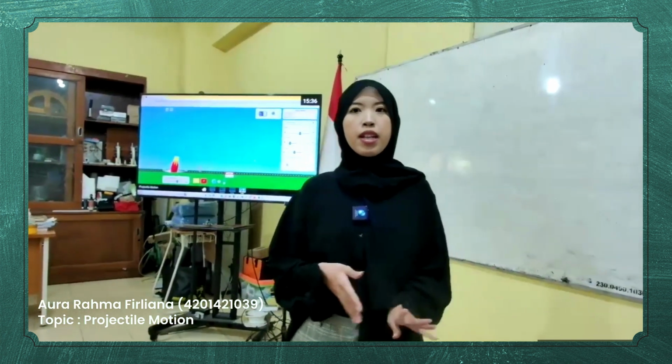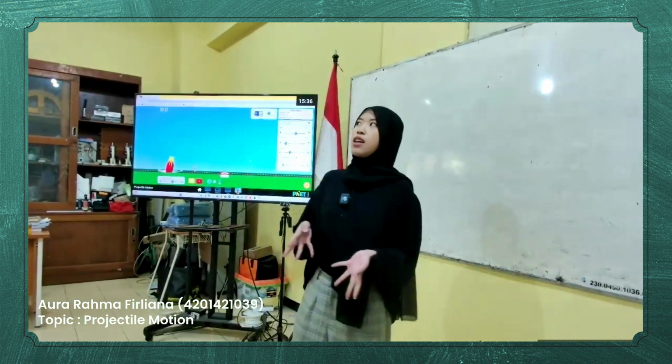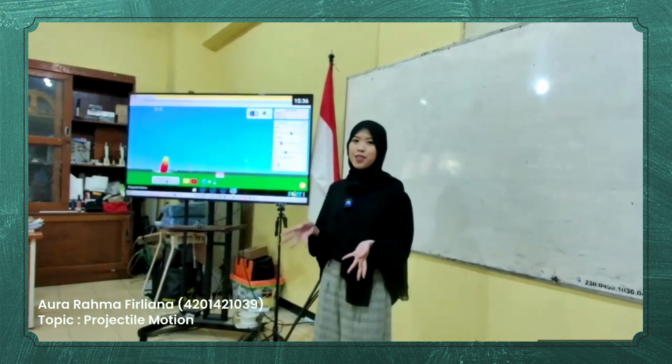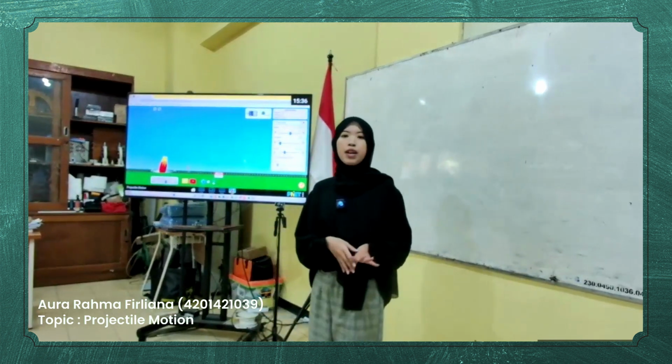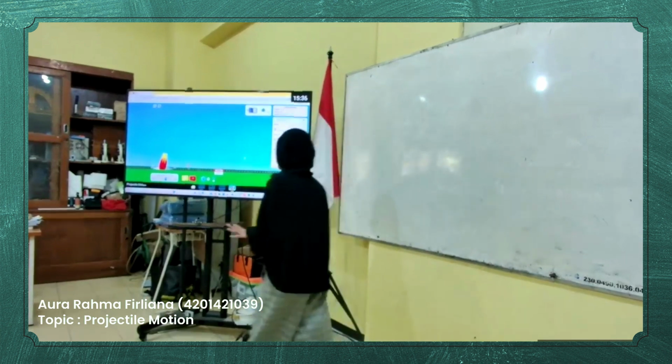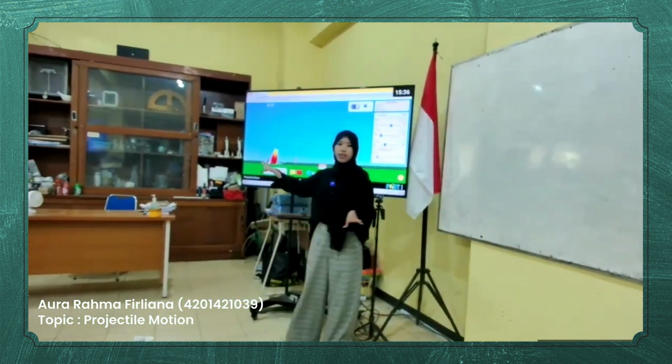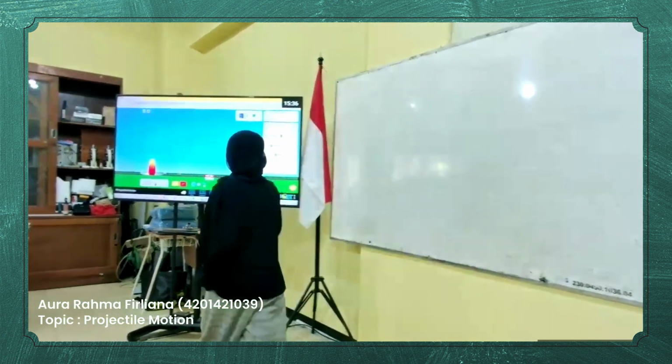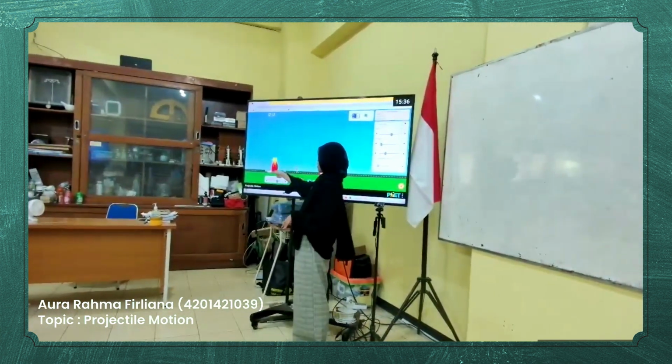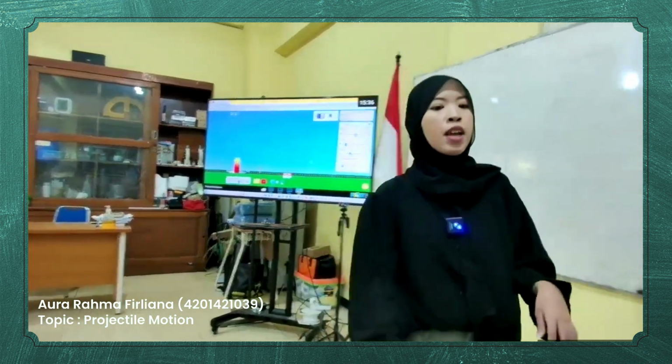First, I will explain the features of the PhET simulation about parabolic motion. First, this is the elevation angle of the cannonball. You can adjust the elevation angle from this point until this point, with the minimum angle of 25 degrees and the maximum angle of 90 degrees.